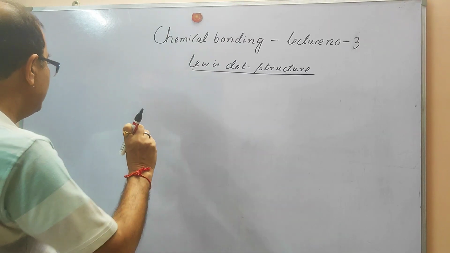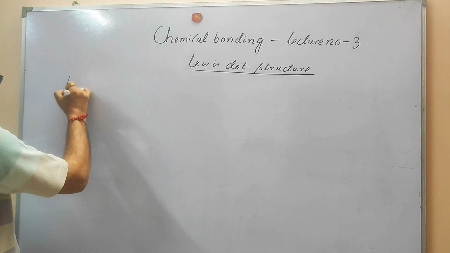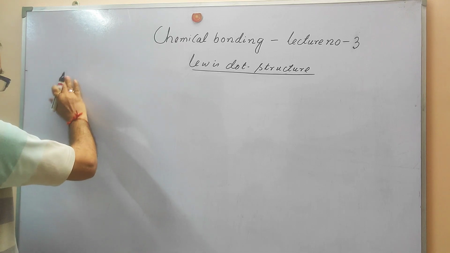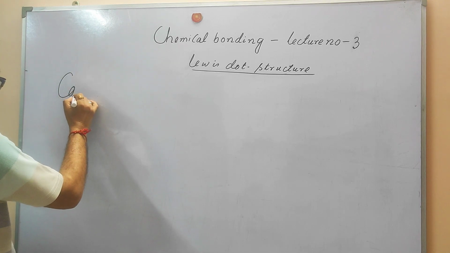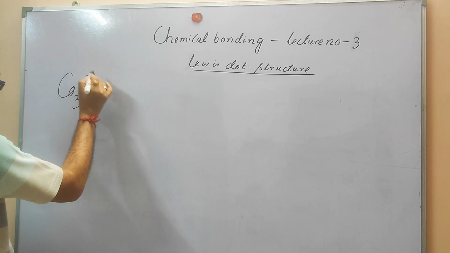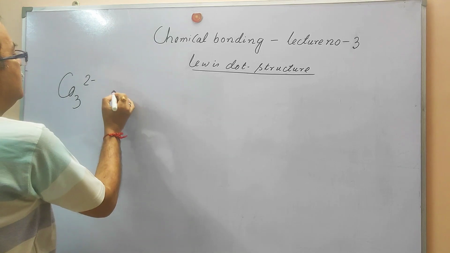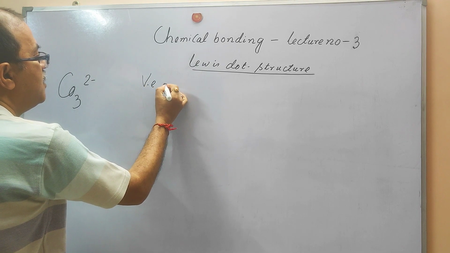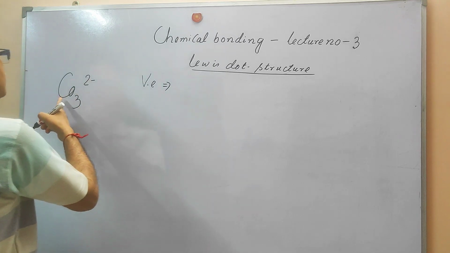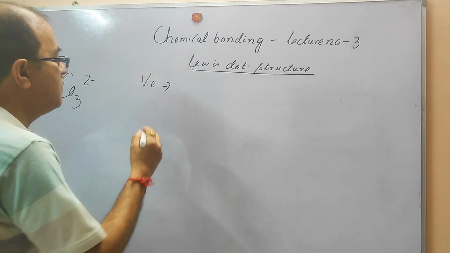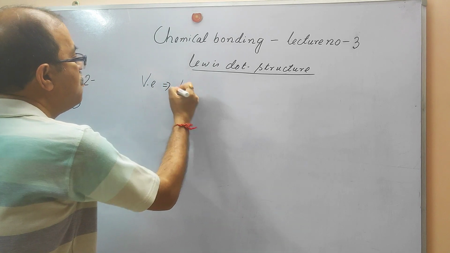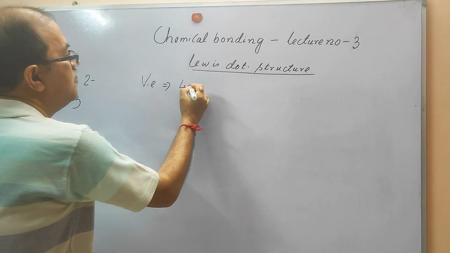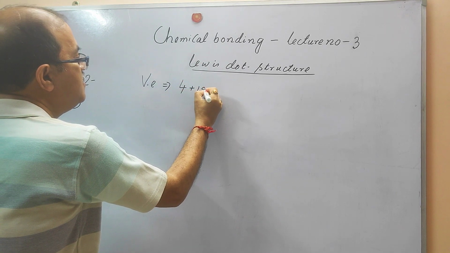Now we are going to write the Lewis dot structure for an ion, that is the carbonate ion. First we have to find the total number of valence electrons. Here carbon has 4 valence electrons, and oxygen we know is 18.